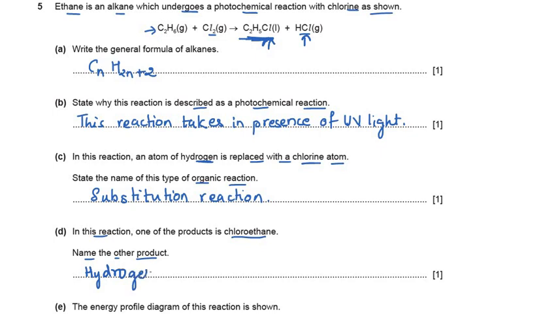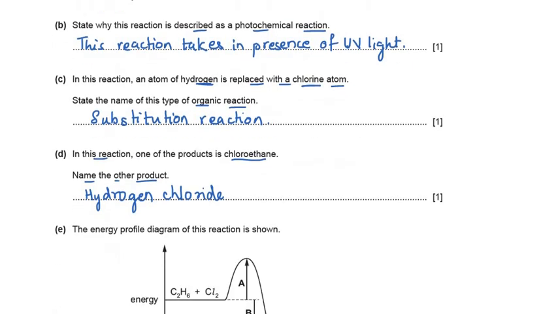Even if you write hydrochloric acid, it's fine, but what I prefer is hydrogen chloride. Why? Because here it is in the form of a gas. We haven't dissolved this HCl gas into water to form an acid, so I'll just prefer writing it as hydrogen chloride. Let's see what comes up next.